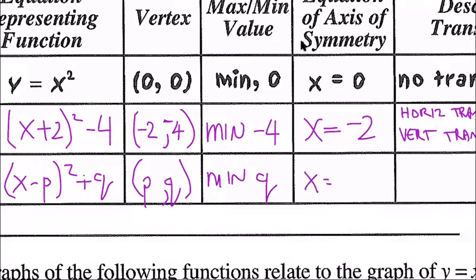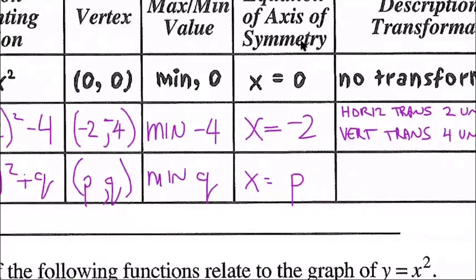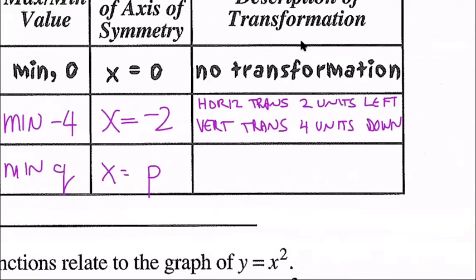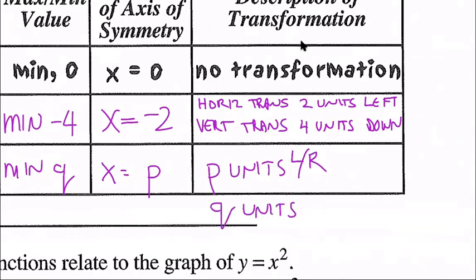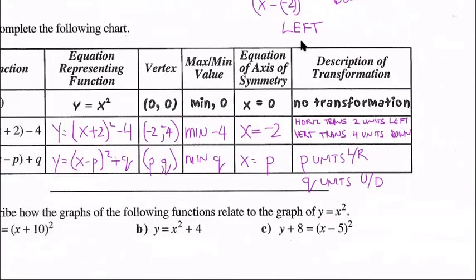Our axis of symmetry is x equals p. And then, of course, we're going to have some kind of translation, p units left or right, and q units up or down. Hopefully you're kind of catching on to that.